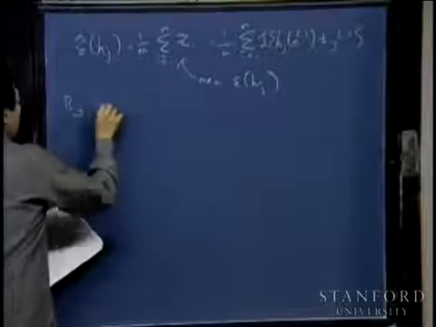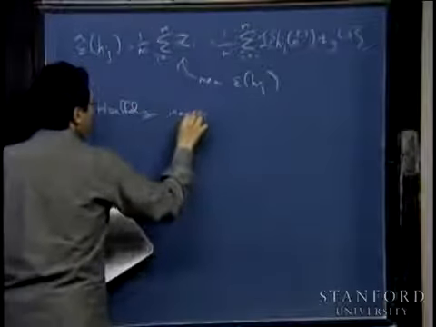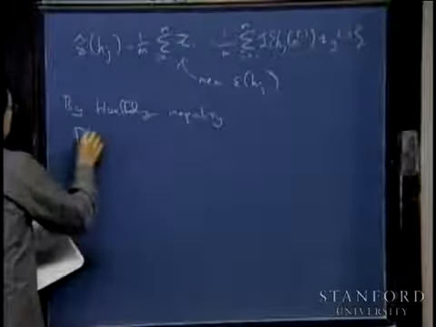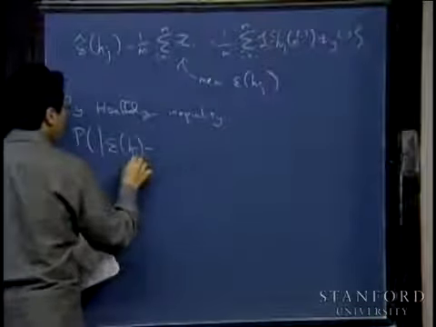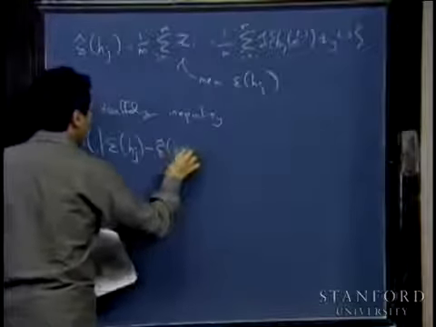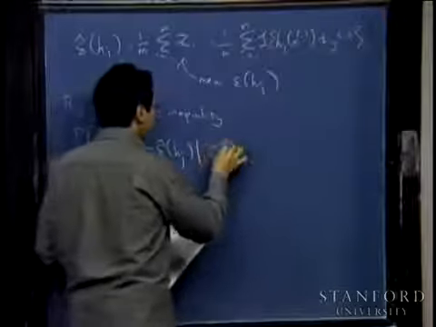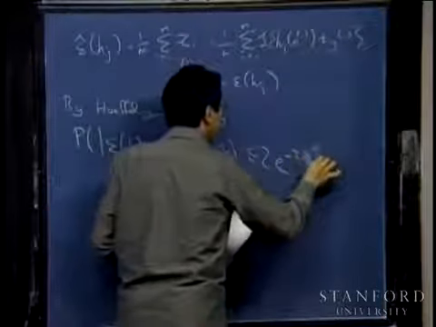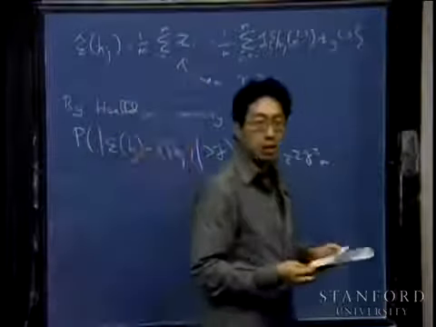And therefore, by the Hoeffding inequality, we have that the probability that the difference between training and generalization error is greater than gamma is less than or equal to 2 e to the negative 2 gamma squared m. Okay? Exactly by the Hoeffding inequality.